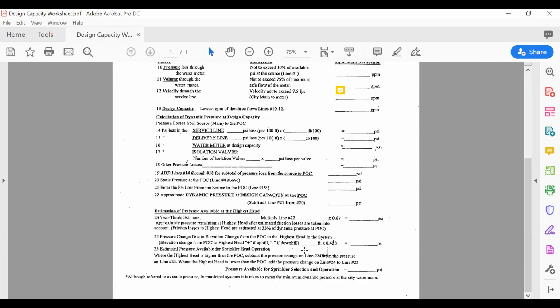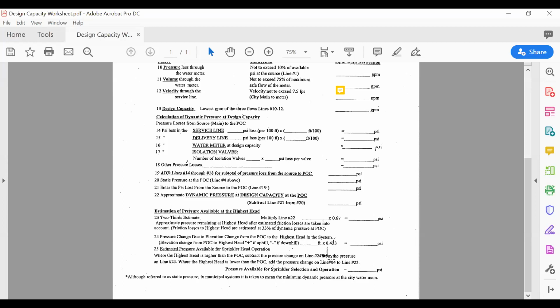We're going to have plus 12 because we're going uphill, multiply by 0.433 PSI loss per foot. And that's going to give us 5.19.